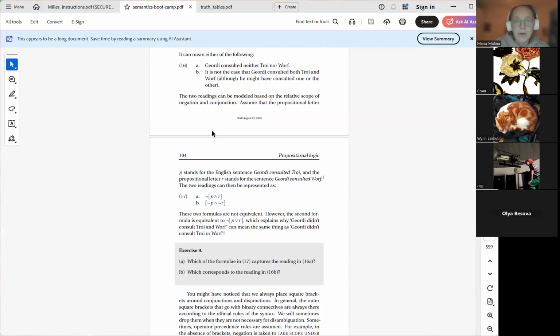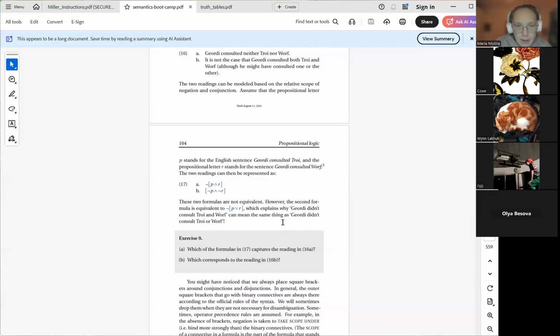So 17A is: it is not the case that Jody consulted Troy and Wolf. So, it is not the case that Jody consulted both Troy and Wolf. Then 16B corresponds with 17A. Do you see that? Right.